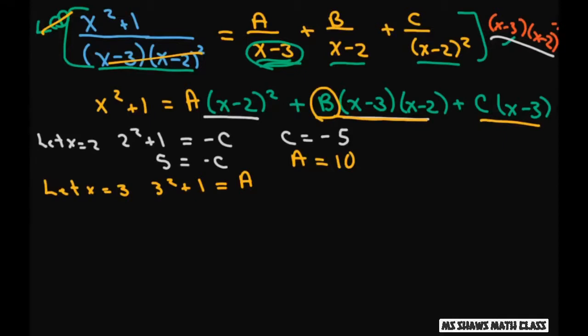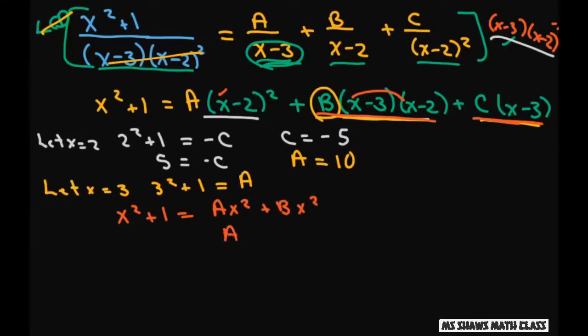Now for the B, what we're going to do is equate our coefficients with x squared. We have x squared here. When you multiply these two, it's x squared, and this is going to end up being x squared. So x squared plus 1 equals Ax squared, and I'm eliminating the rest, plus Bx squared, because we just want to equate coefficients.